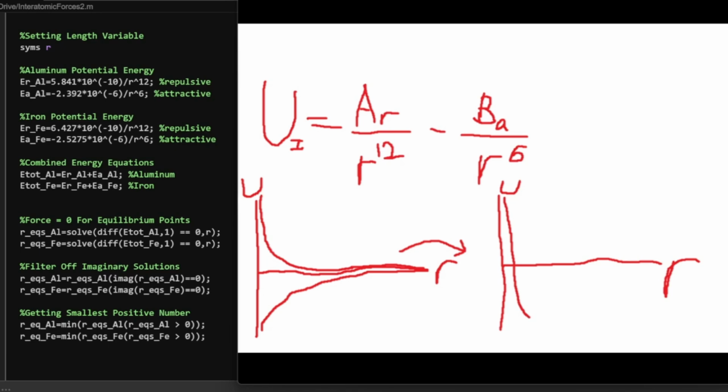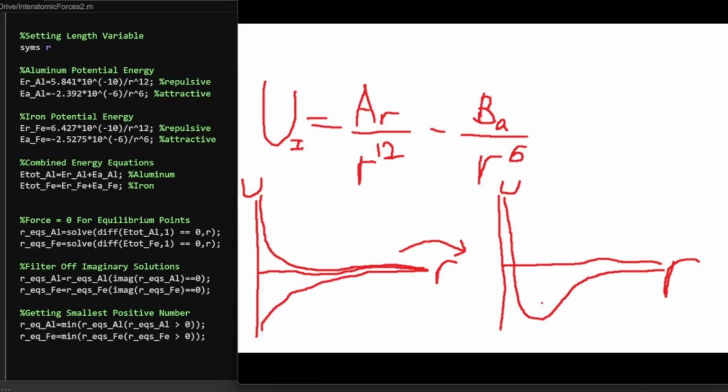But once you hit a certain threshold, they start to even out a bit, and then the attractive energy starts to pull back, and they again start going towards 0 and go towards infinity.